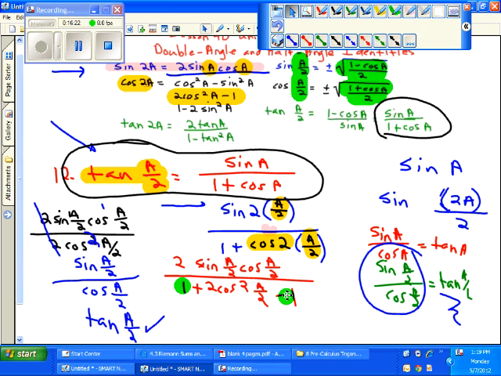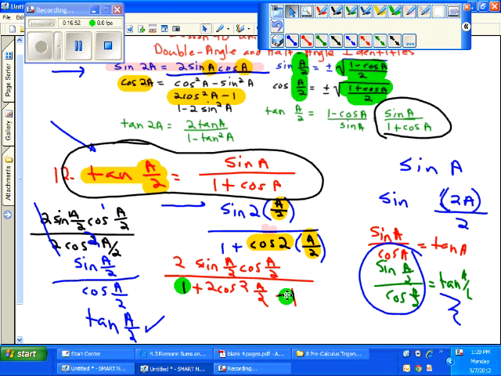Any questions on that? Also, don't forget that if we had situations that caused a division by zero error, we would have to cast those situations out. And there's times where you would need to make a disclaimer that 1 plus cosine a could not be equal to 0 or whatever. And so you could find the values of a that would make cosine a negative 1, which would create a division by zero error, and we'd cast some of those out.